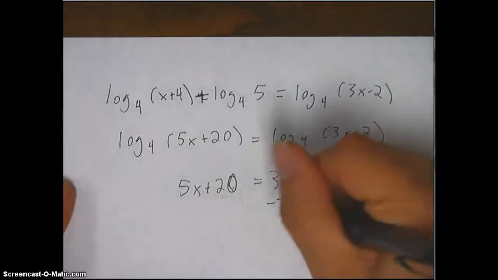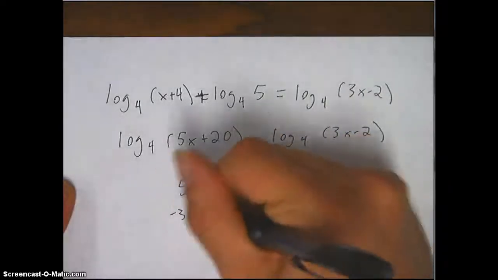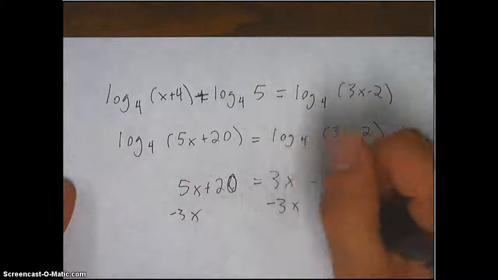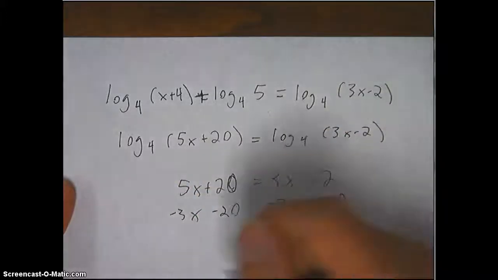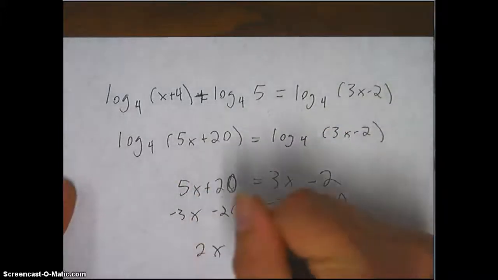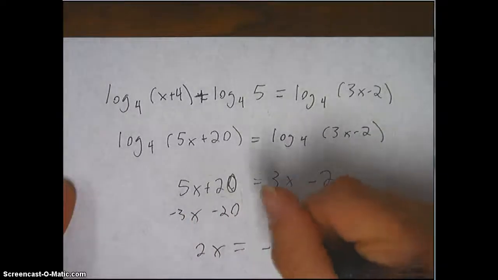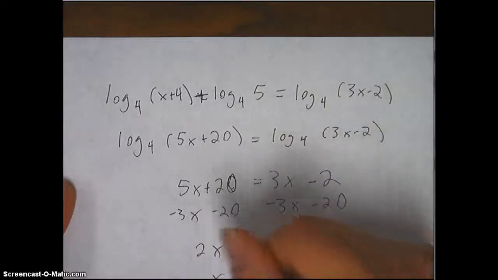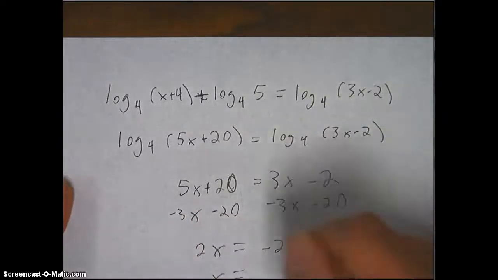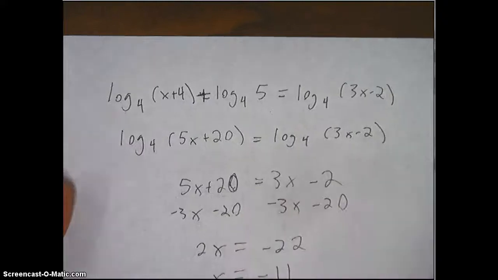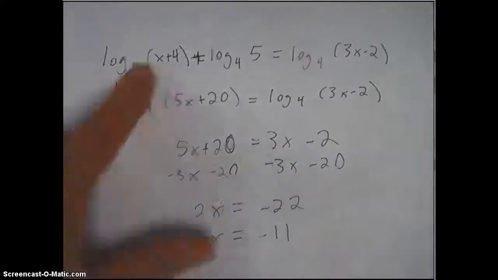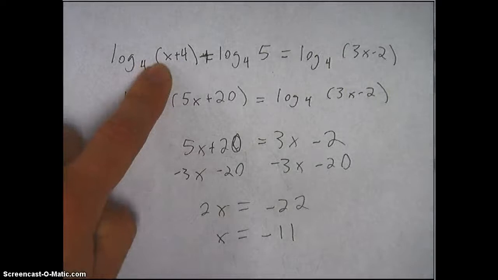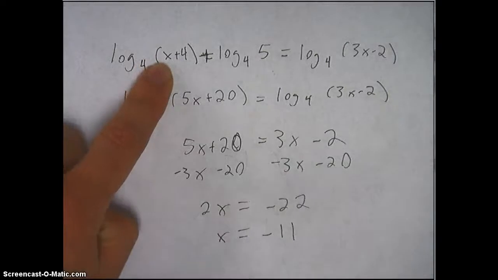And at this point, we'll do minus 3x, minus 3x, minus 20, minus 20, to get 2x equals negative 22, or x equals negative 11. Now here, on this one, when we plug that x back up here, negative 11 plus 4 is negative 7.